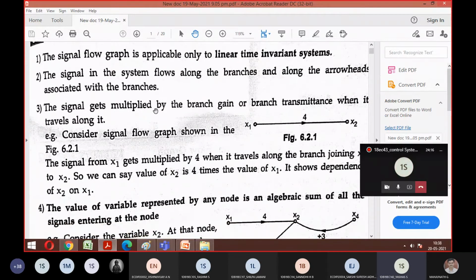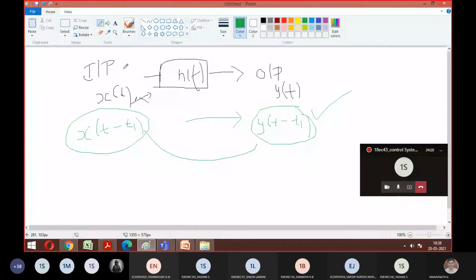Yes, sir. Okay, fine. See, property number 3, let me plot and show you. We know that unlike a block diagram, there are no blocks or summing points or takeaway points in a signal flow graph. So just analyze this block diagram that was written earlier. x of t is input, y of t is output, and h of t is the response.